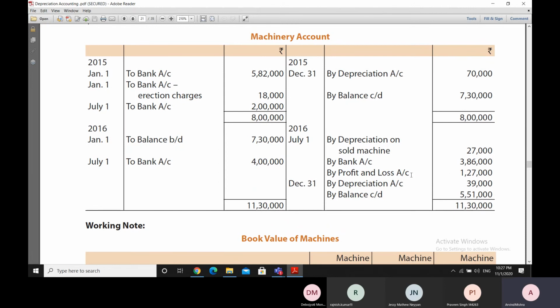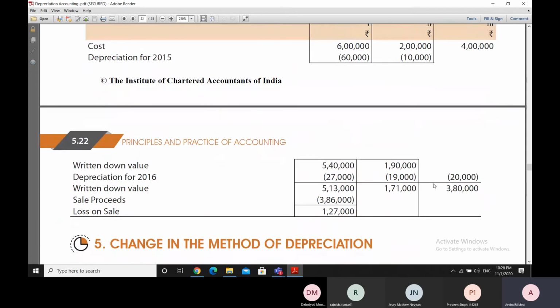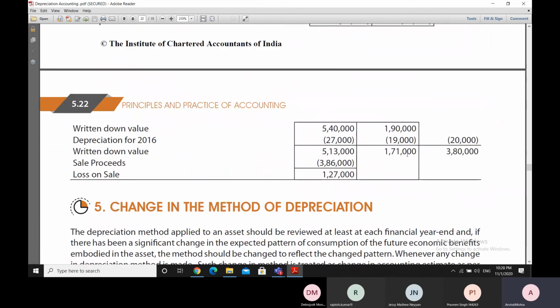When we debit the profit and loss account straight away with this entry, and then we allow a depreciation of 39,000 in this case, because now this particular machinery is gone, and on the second machinery that we purchased for 2 lakh rupees, there was a WDV of 1,90,000 rupees, and we allow a depreciation of 19,000 rupees.